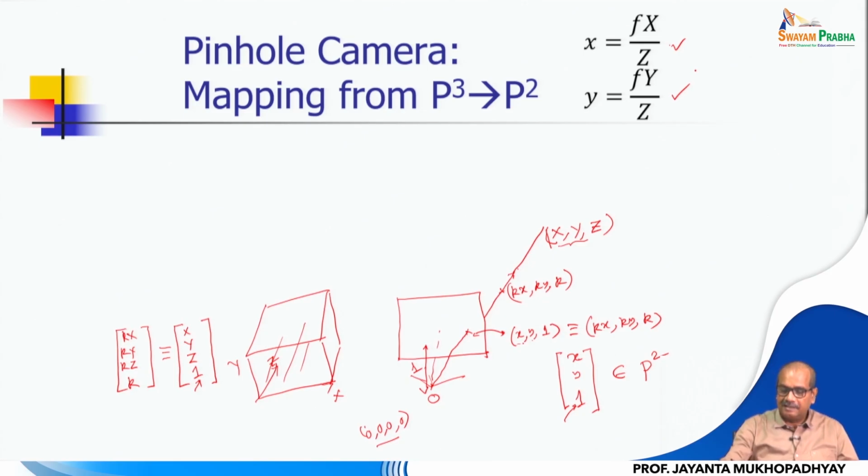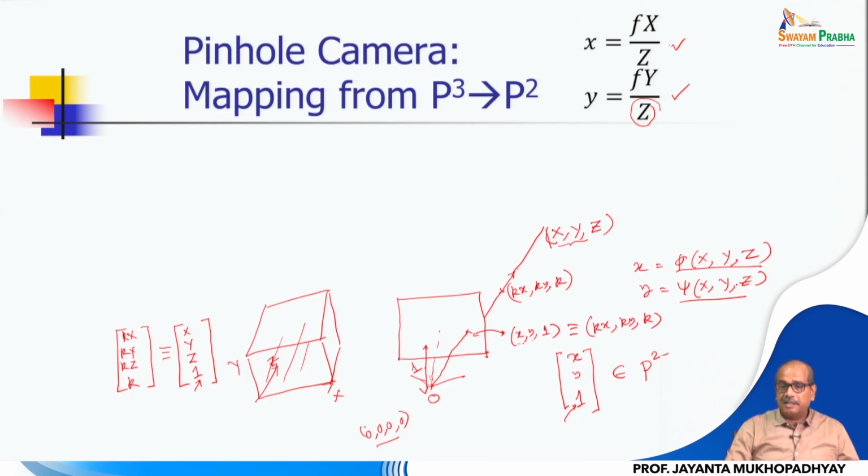As you can see, x can be written as a function of x, y, z, and y could be written as a function of x, y, z; these two functions are not linear. That we can easily verify.